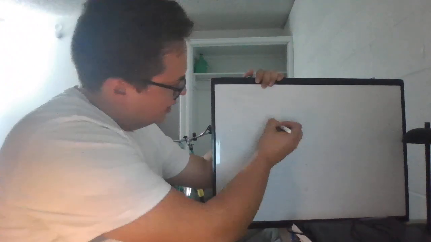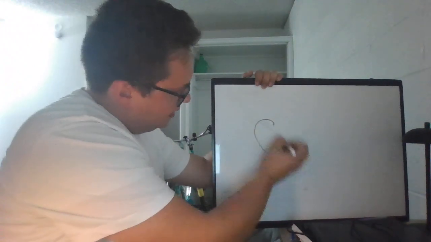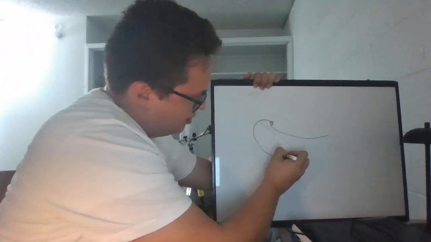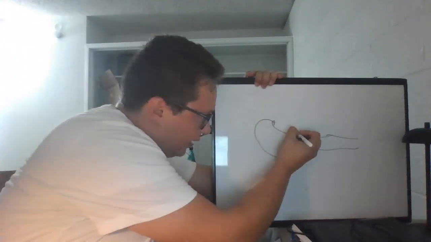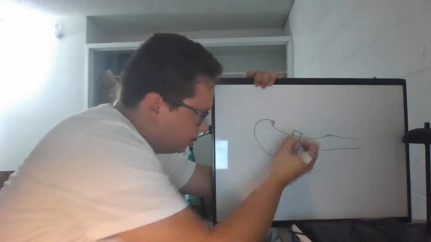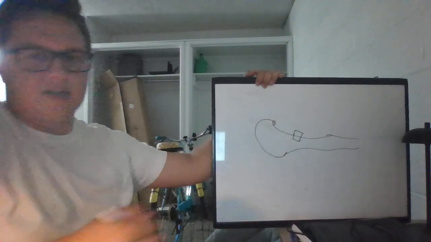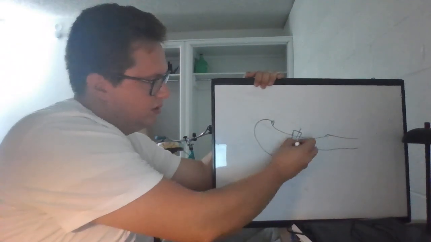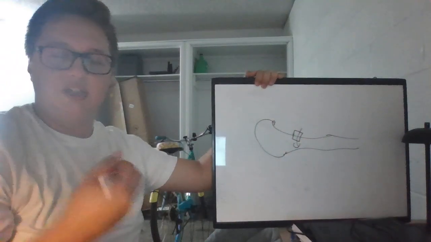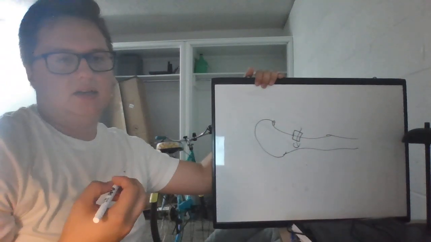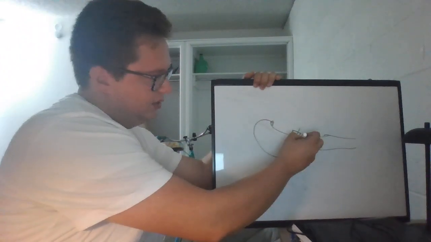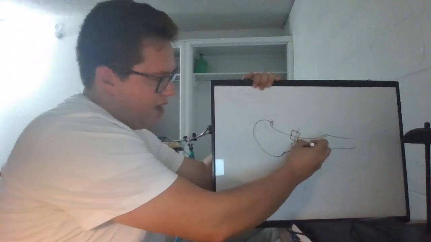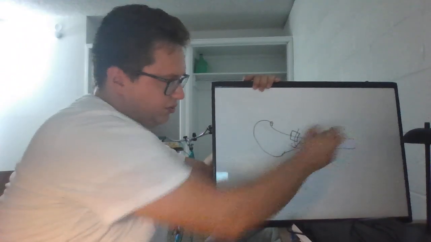So let's make our little axon, it's a poor axon, but that's an axon. And we're going to bring in our sodium channel. When action potentials happen, the sodium rushes in. And we start to have a change in voltage. So the length constant measures how much that voltage is going to travel down the axon.